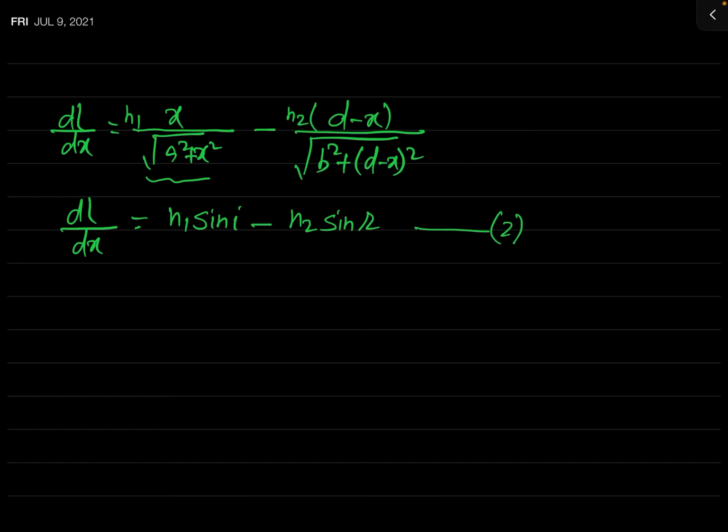Now after getting this result, we can establish Fermat's principle. If we consider that the laws of refraction of light are valid, or we know them, first of all we will find Fermat's principle from the laws of refraction.